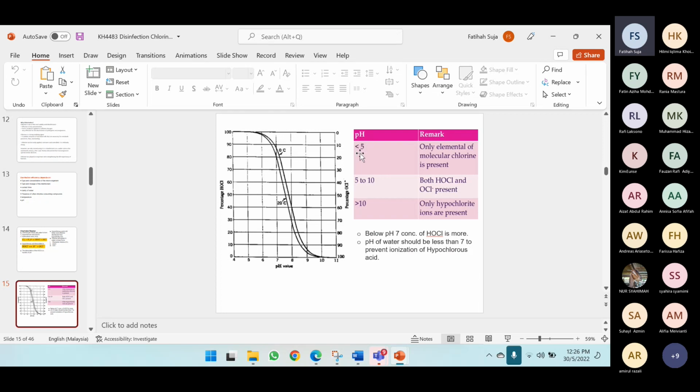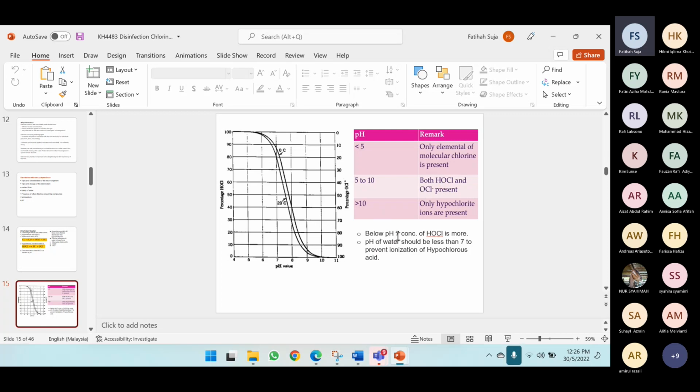For pH less than 5, only elemental or molecular chlorine is present. From 5 to 10, both hypochlorous acid and hypochlorite ion are present. Greater than 10, only hypochlorite ions are present. So it's good to maintain the pH within this range, because you want to have hypochlorous acid as much as possible.